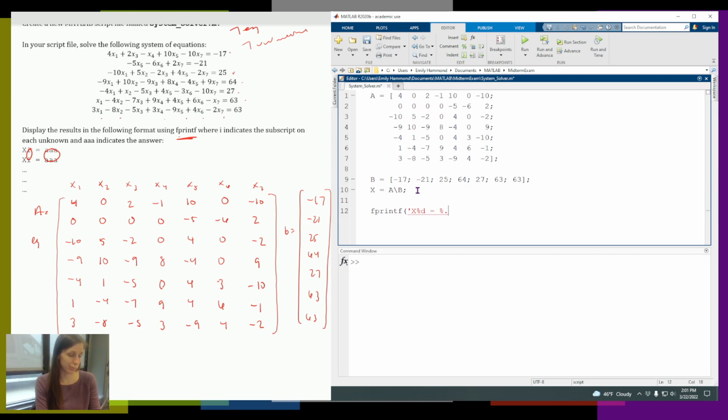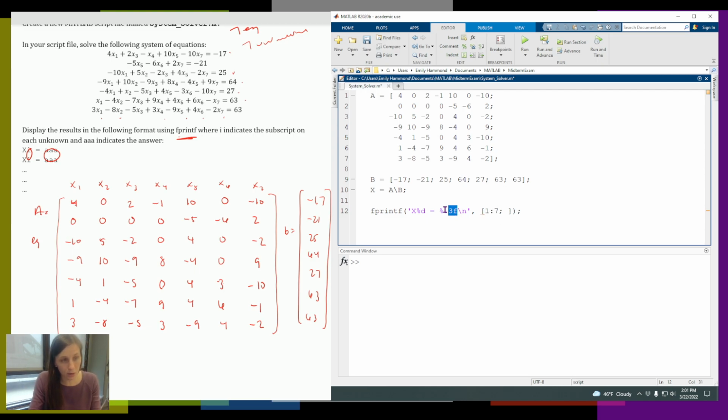So I'll start out with 3 digits past the decimal point. Okay, and then new line. What am I printing out? In my first, I'm going to gather my data into one array, where my first row are my digits. So it's X1 through 7, so it's literally 1 through 7. This would be a separate variable. I don't have these numbers anywhere else, so I'm just going to say 1 through 7.